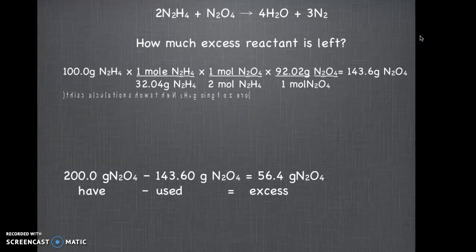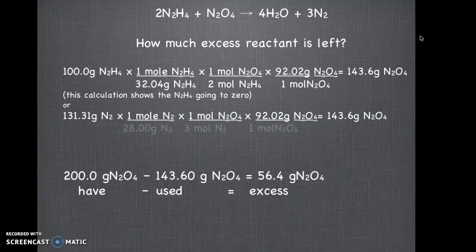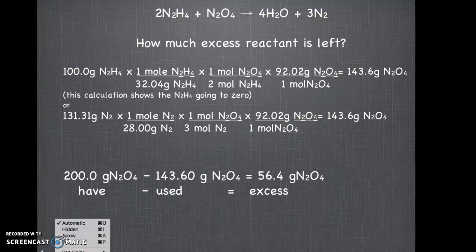I don't know why that just got canceled out, but I'm going to put this back up on the screen. And remember, for setups 2 and 3 like this, one thing you want to keep track of is that the amount we solve for here, the 143.6 grams of N2O4, is how much we need, but we actually had more than that to start off with. Remember how we had 200 grams of N2O4 given to us in the problem.